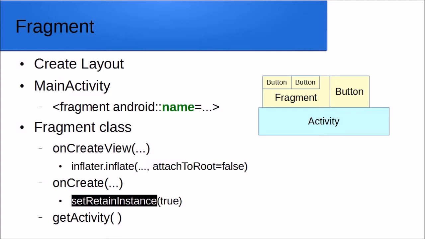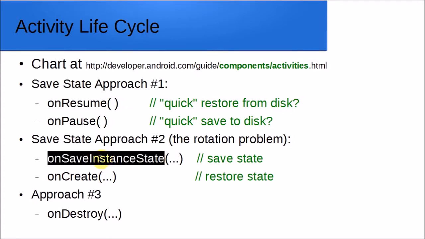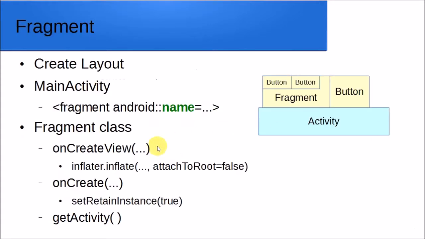That's the other solution to the rotation issue, like over here. When you rotate, this function is going to happen, so you save your counter there, and then inside on create, you restore the counter. Back in that other video, I used that approach. But fragments let you use this approach. You just call this function. You don't have to do anything.